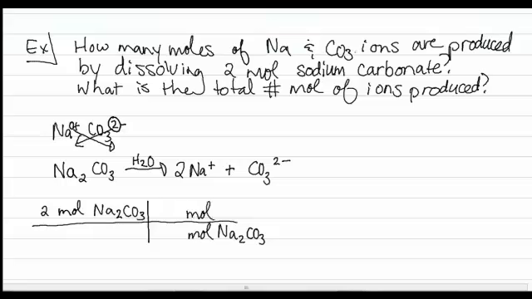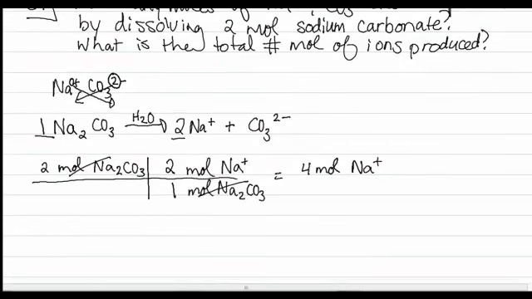Well, it's moles of sodium, moles of carbonate, and then total moles. So I'm going to go to sodium first, and I get my mole ratio. You get the mole ratio from the coefficient, so there's assumed to be a 1 here, so I put a 1 with sodium carbonate, and there's 2 with sodium. Now I just multiply across, my moles of sodium carbonate cancel, I get 4 moles, and that should be a plus there, 4 moles of Na+.